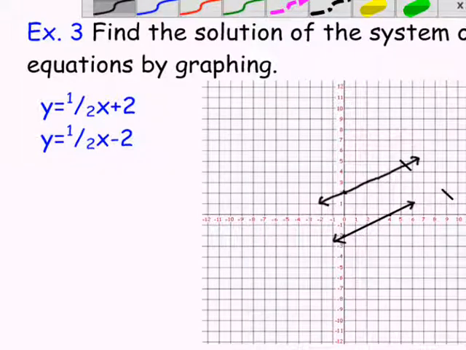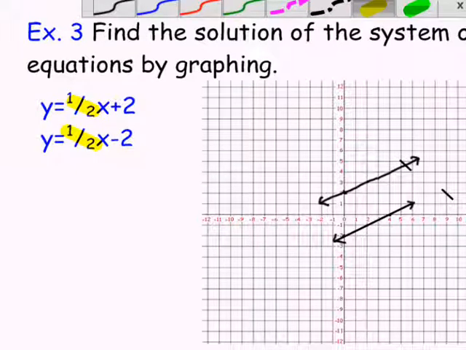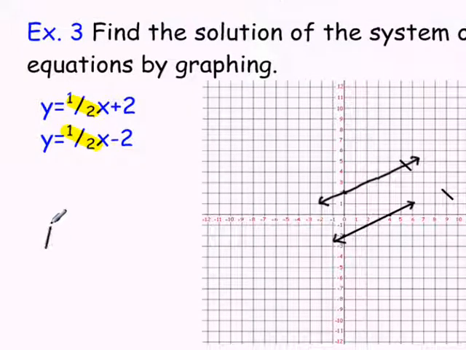Parallel lines have the same slope. Here we have a slope of 1/2. Here we have a slope of 1/2. So these lines are parallel. They will never touch. So lines that never touch have no solutions.